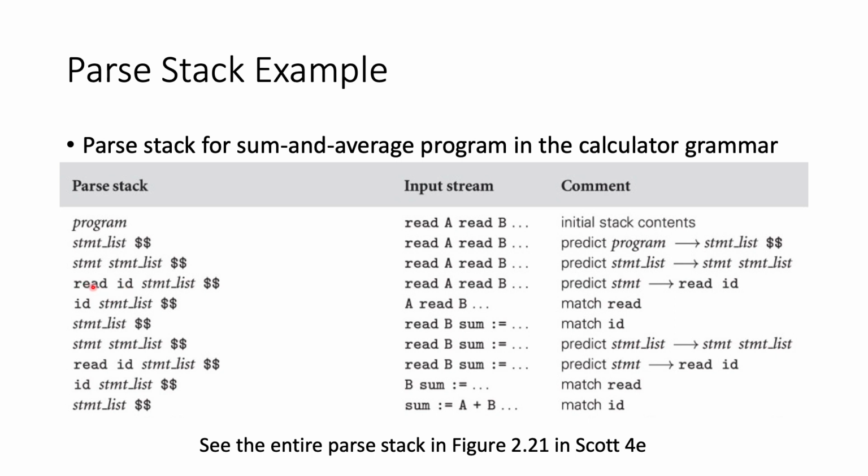The top of stack is now the token read, which is a terminal but not the end marker. So after popping read off the stack, we match it with the current input token, and the match is successful.